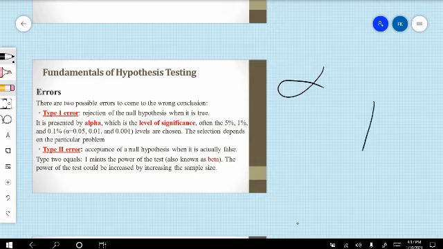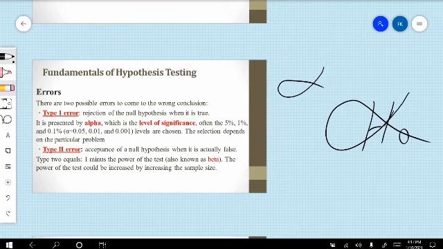Alpha error means rejecting the null hypothesis when it is true. So the hypothesis of no difference is true, but we rejected it. This rejection is called alpha error.